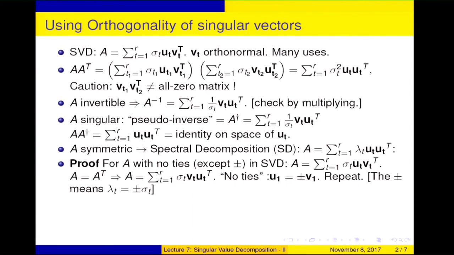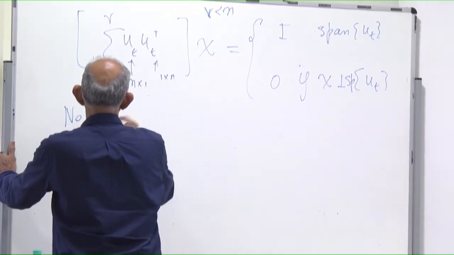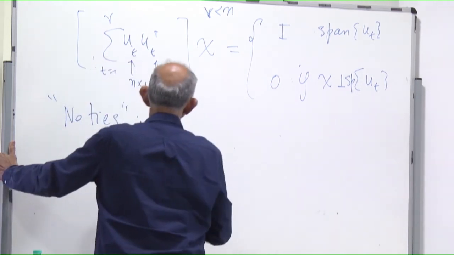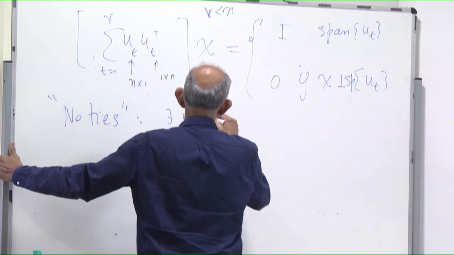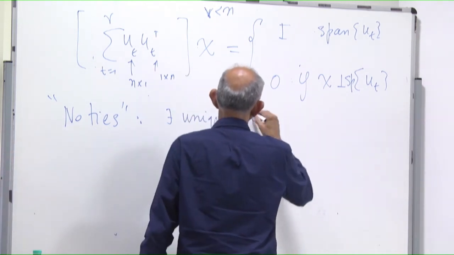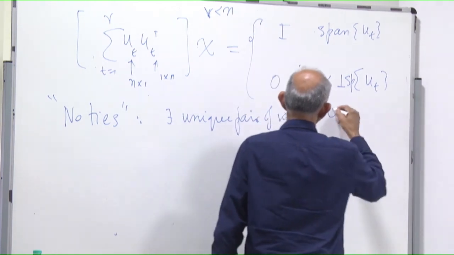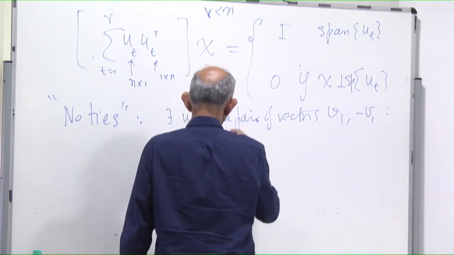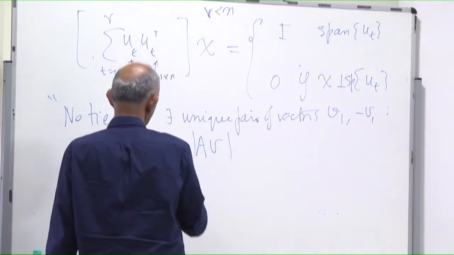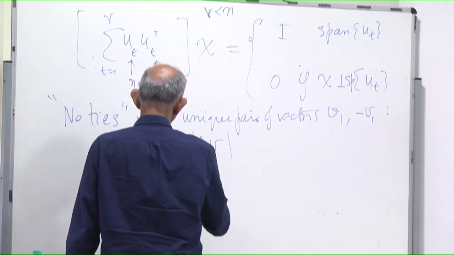Now, I cannot assume no ties. There can be plus or minus ties. So what no ties says is that there exists a unique pair of vectors v1, minus v1, such that the norm of Av is maximized by them, the argmax over length of v equal to 1.